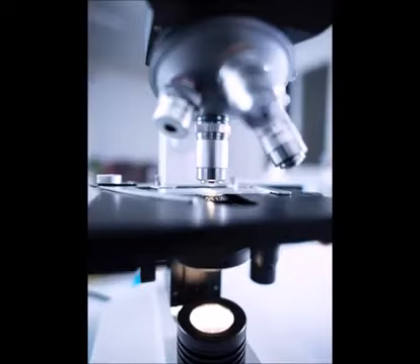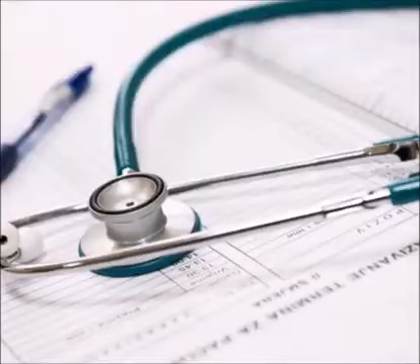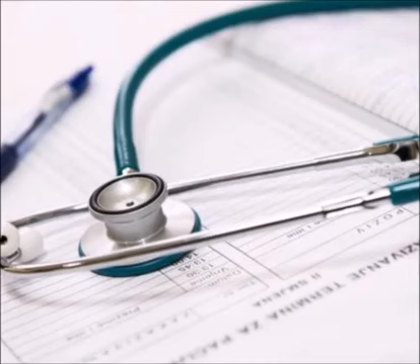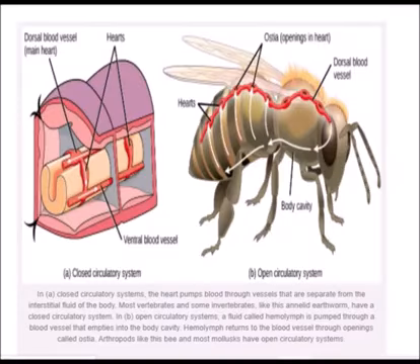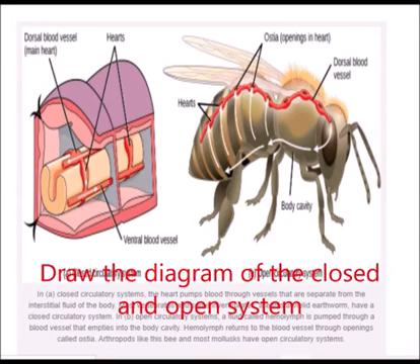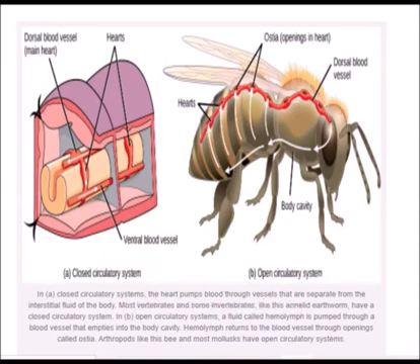A trade-off exists between the system and the much more energy-consuming, harder to maintain closed system. The closed system is energy-consuming. The closed system is not simple. So the open system is simple, while the closed circulatory system is complex.